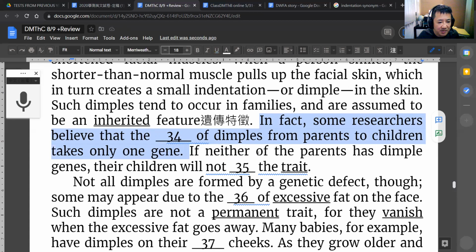some researchers believe that the 什么 of dimples from parents to children takes only one gene. Okay, so it just got through telling you that it is inherited, 是遗传的.